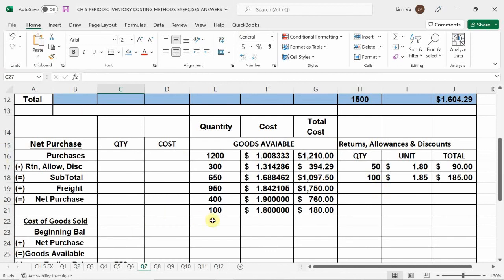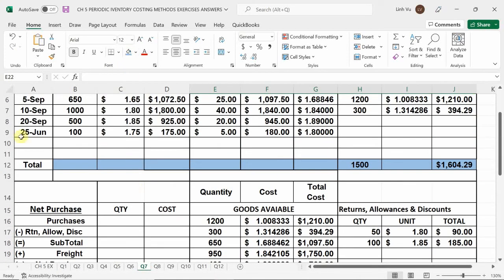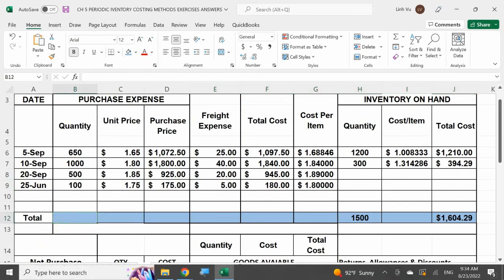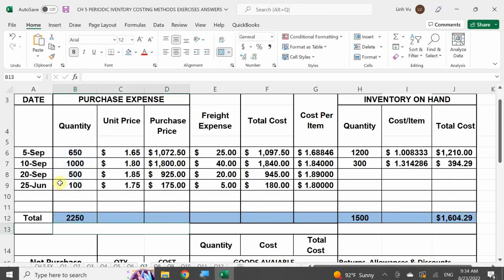So I'm going to go ahead and also tally up my goods available. Let's start with the very beginning here. How many items did I purchase in grand total? So 850 plus 1,000 plus 500 plus 100. 2250. Okay.